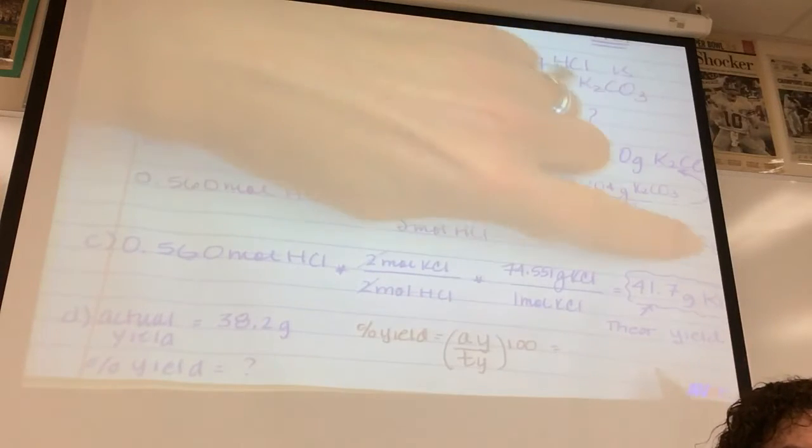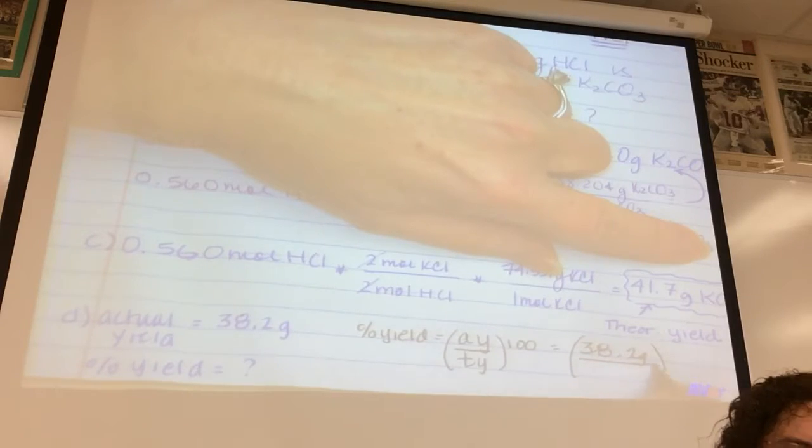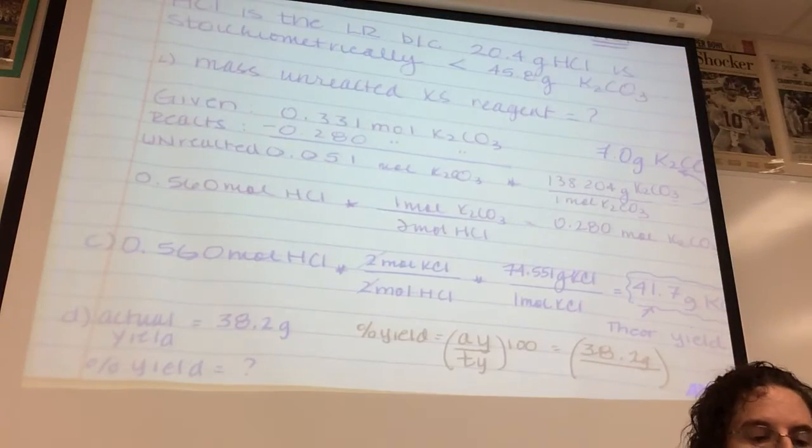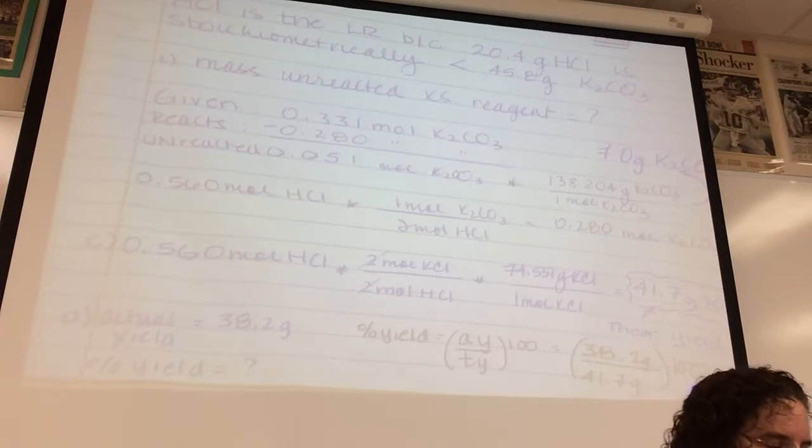The actual yield is given at 38.2 grams. What's the theoretical yield? 41.7. You got it. Kids are like, well, where do you get that from? Well, you just got it. So 41.7 grams times 100.